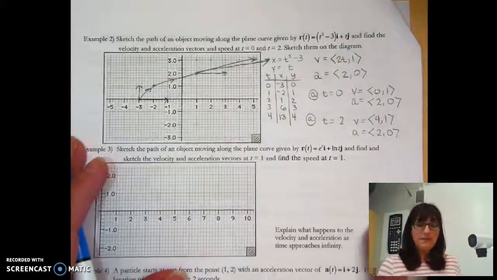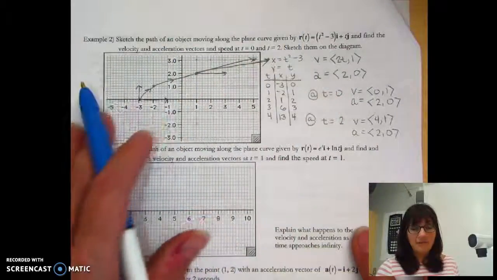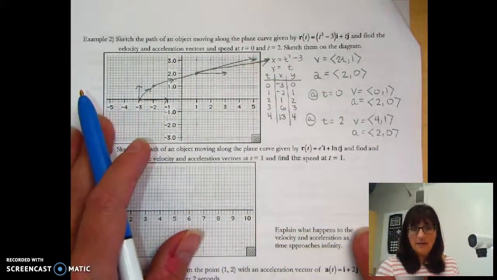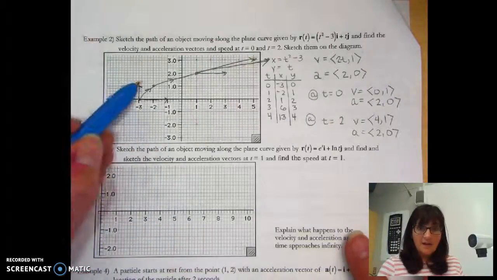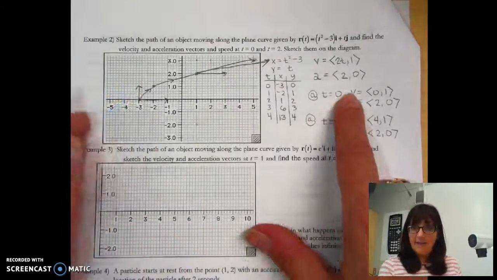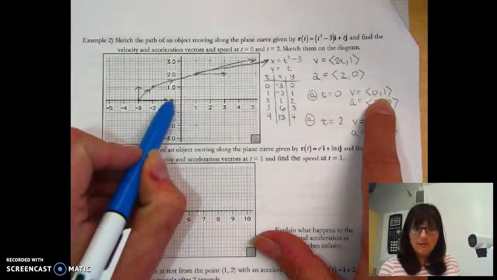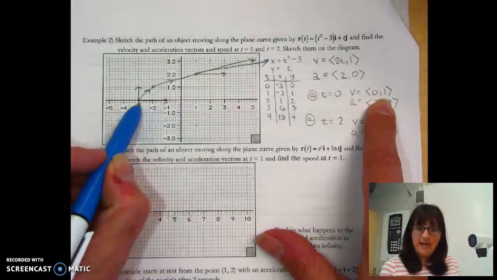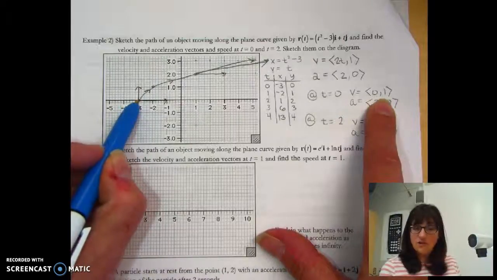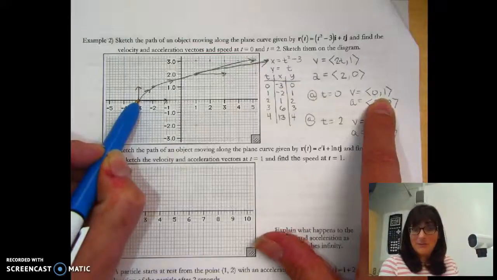All right, let's graph these vectors on our graph, and I'll explain how I graphed them. Then we'll do the speed, because I didn't actually include that yet. To graph this velocity vector, <0, 1>, I could graph it in component form with the initial point at the origin, but it's more meaningful if I position it so that the initial point is where the particle would be at t equals 0.